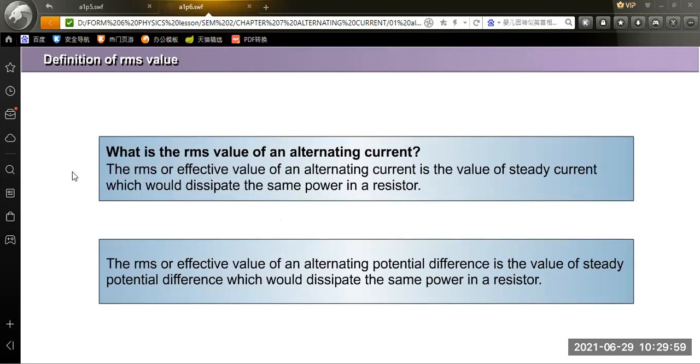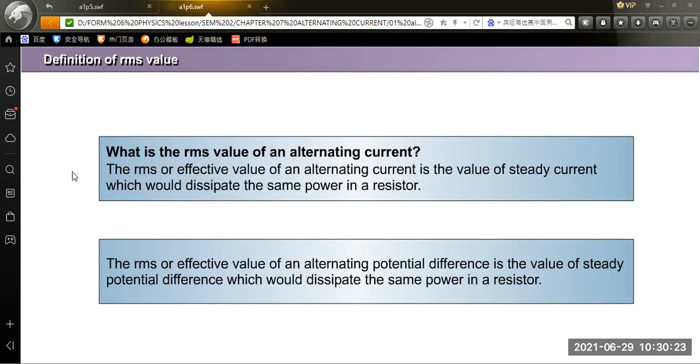The RMS or effective value of an alternating current is the value of steady current which would dissipate the same power in a resistor. That means the RMS or effective value of an alternating potential difference.